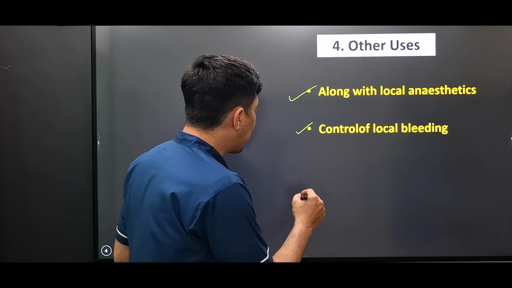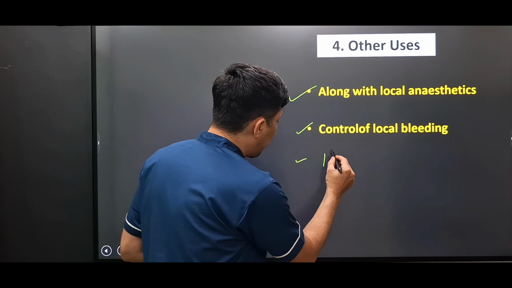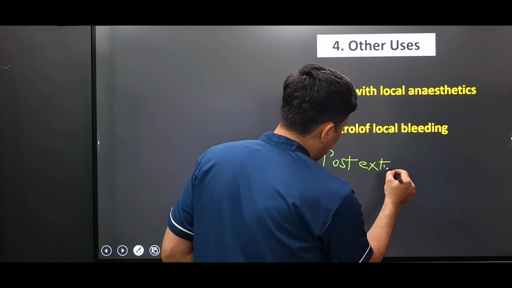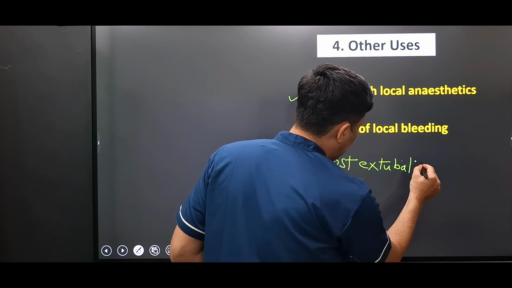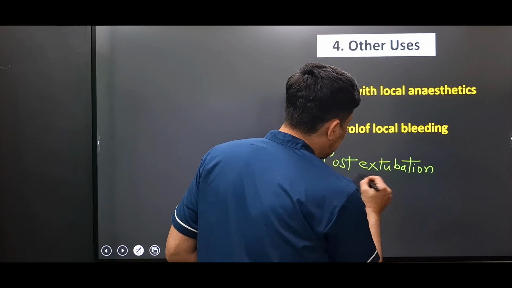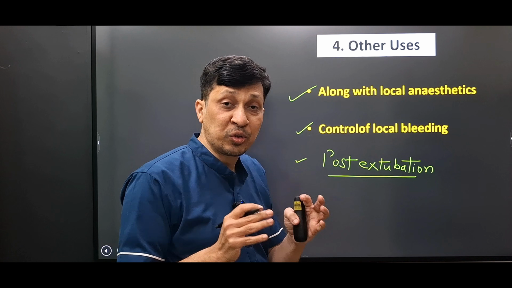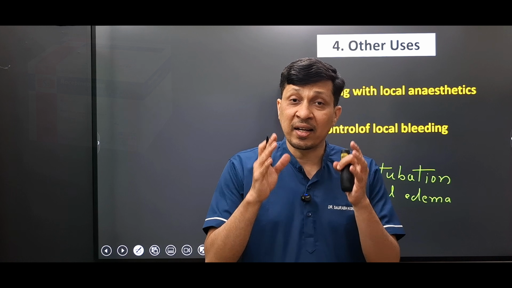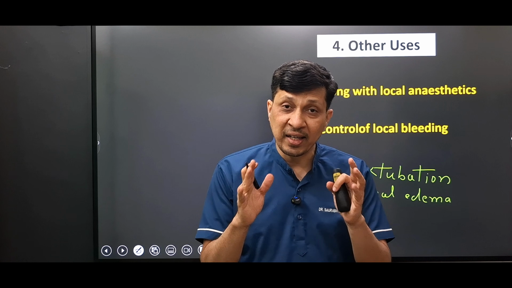Third, it is also used after extubation. If post extubation there is laryngeal edema, then you can use nebulization of racemic adrenaline. So in this way, these are the important uses of adrenaline.